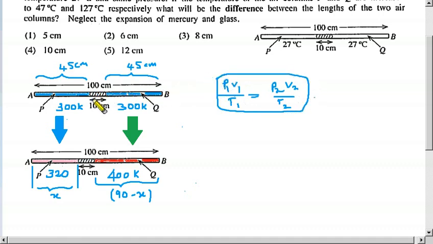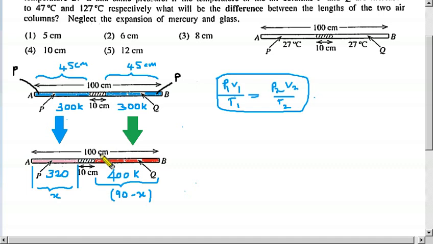Since this air column is at equilibrium, that means it doesn't move, so the pressures at both sides must be equal. Therefore we write P. So here also the pressure is P. After moving this air column to the left side, finally it is at an equilibrium state, so furthermore it doesn't move left or right.